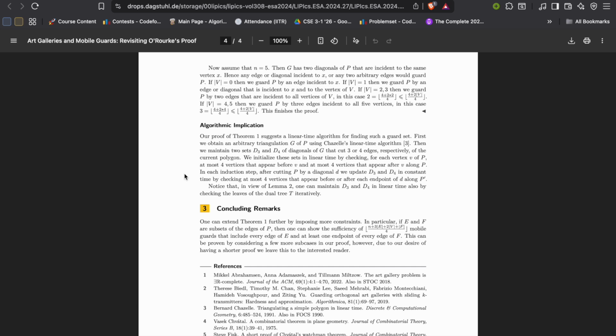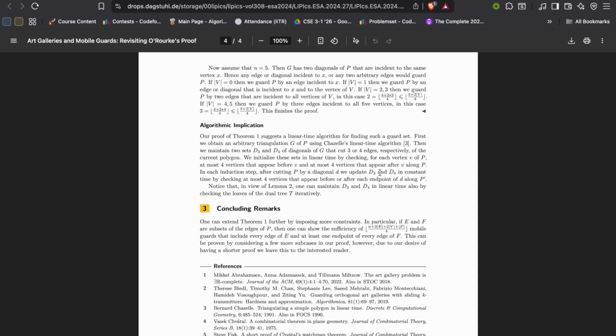D3 represents the diagonals cutting 3 edges of the polygon, and D4 the diagonals cutting 4 edges of the polygon. In each iteration, we pick one diagonal, split the polygon, and update D3 and D4 in constant time by checking nearby vertices. This process continues until the polygon reduces completely, yielding the set of diagonals and edges along which mobile guards should be placed.